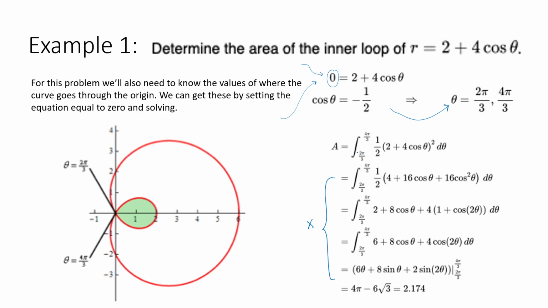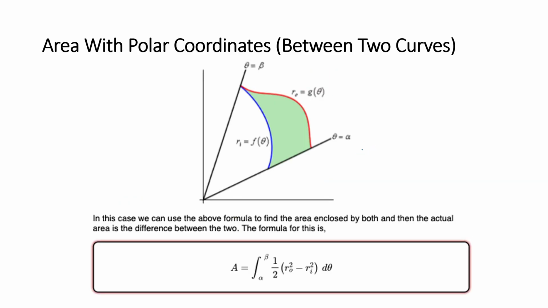All right, so let's now go to two curves. Okay, so this time it's bounded by two curves, two equations, the red and the blue portions. So again, if I try to write a strip here, the outer portion is always red, and the inner portion is always blue.